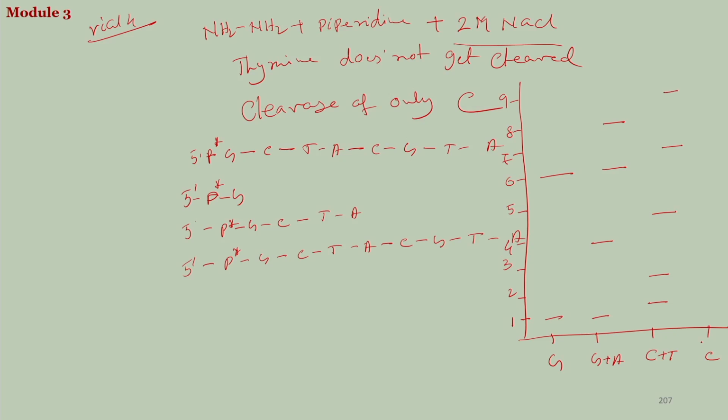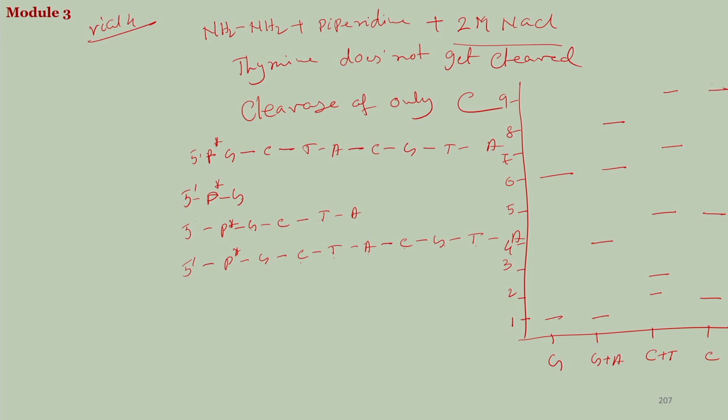And lastly the C lane has bands at 2, 5, and 9.